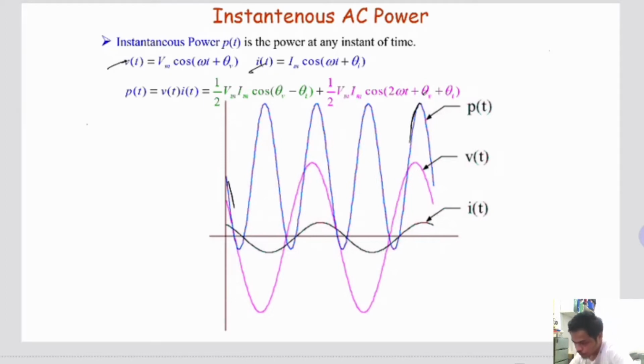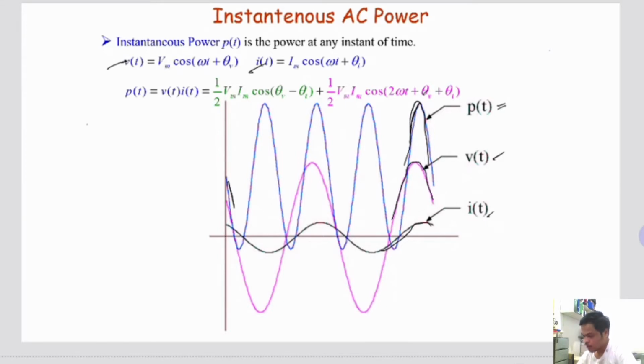So if we graph this cosine function, this is the graph for the voltage function. And for current in terms of cosine function, this is the graph. If we take the product of the two functions, then this will be the resulting graph, which is the power.